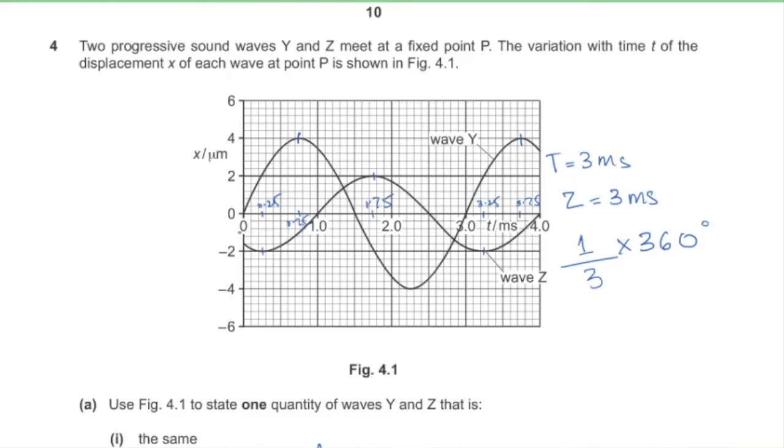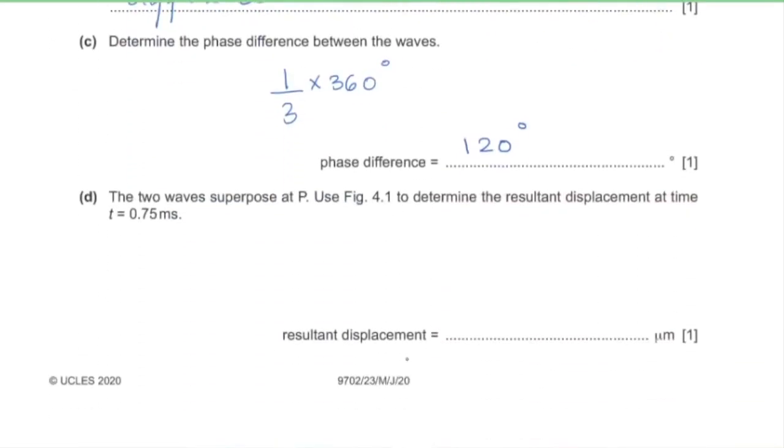Hence the resultant is going to be the sum of it. So 4 micrometers plus negative 1 micrometer, and you get the resultant as 3 micrometers.